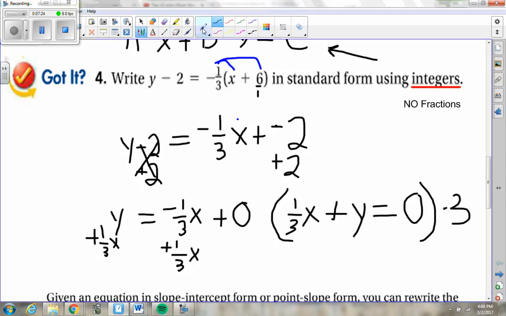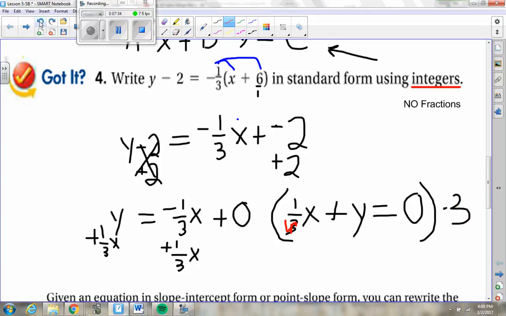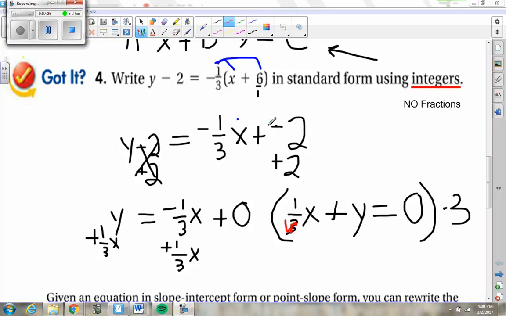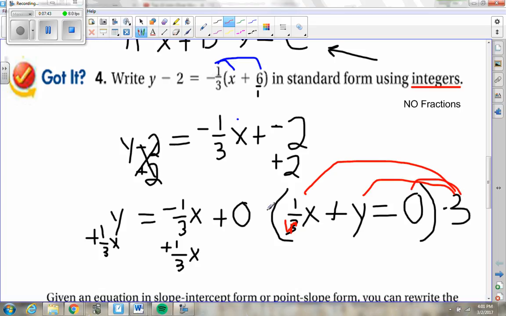My whole goal in multiplying by 3 is to make this denominator get canceled out. But multiplying the first piece by 3 means I also have to multiply not only the x part, but also the y part and the 0 by 3. I have to multiply all 3 pieces by 3.